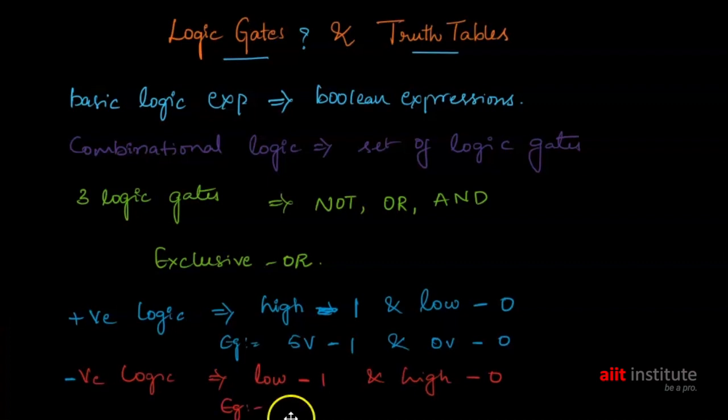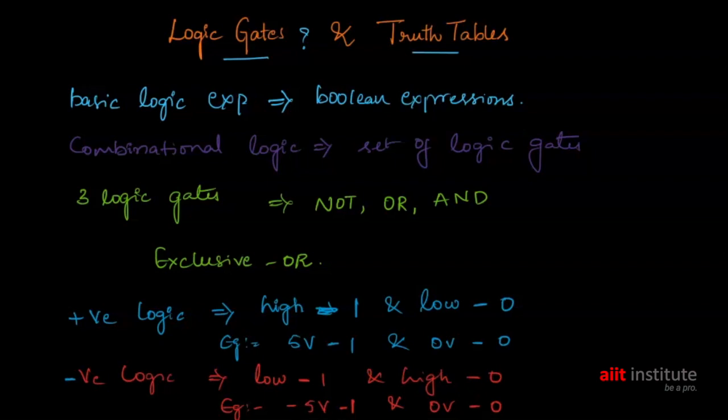For example, minus 5 volts is denoted by 1 and 0 volts is denoted by 0. So this is how positive and negative logics work. Most commonly used logic is positive logic unless it is mentioned otherwise.